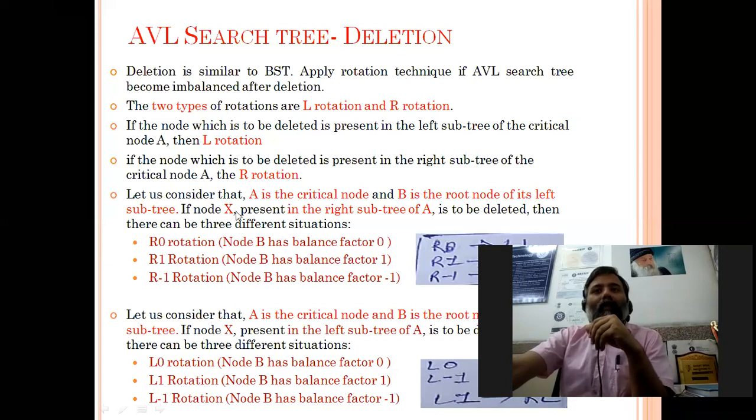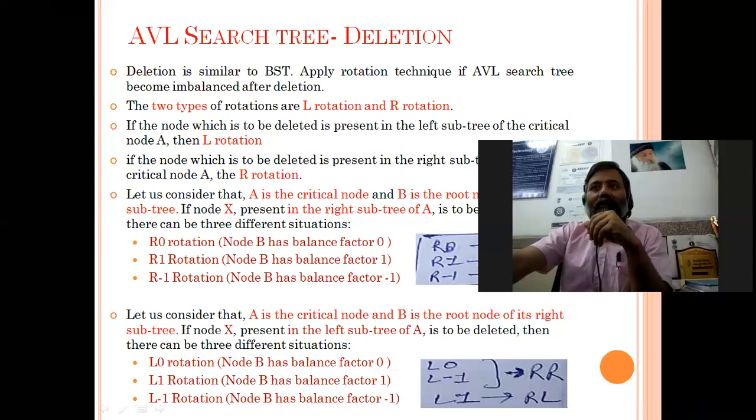And suppose we have a node X in the right subtree of this specific node A, and we want to delete this node X, then we will see what is the balance factor of the left child of A. That is, we identify a node B, which will be the root node of the left subtree.